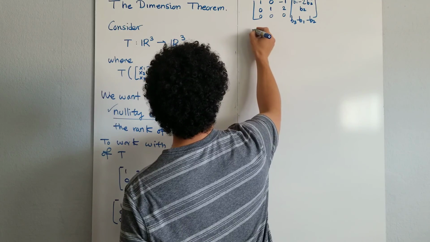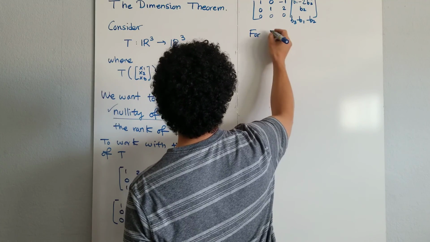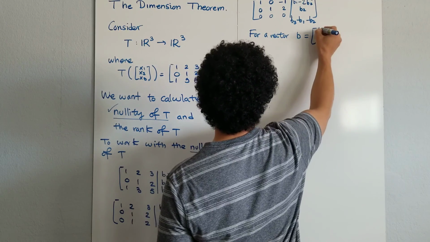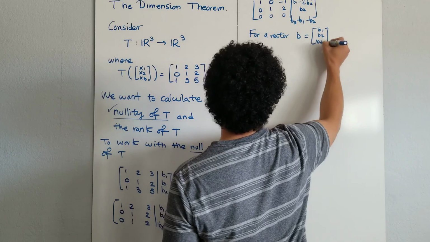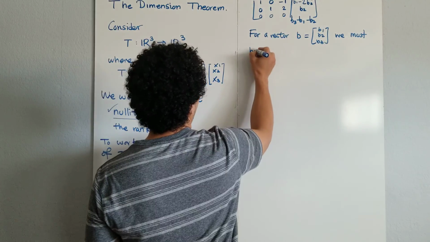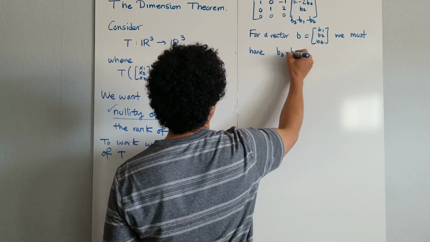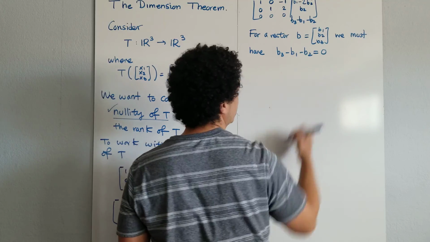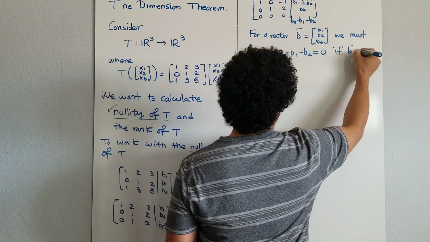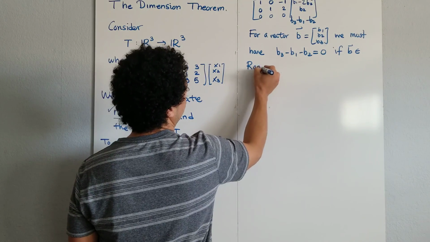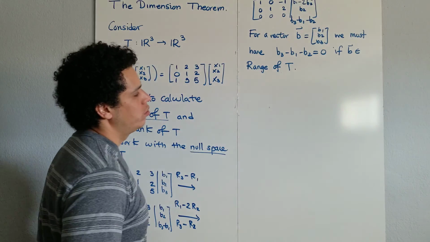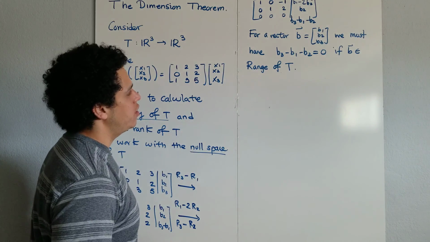To be in the range for a vector B, described as B1, B2, B3, we must have B3 minus B1 minus B2 to be 0, if B is in the range of T.